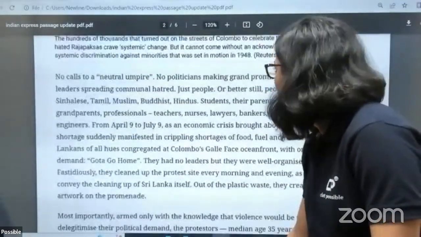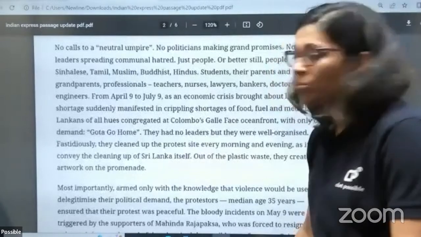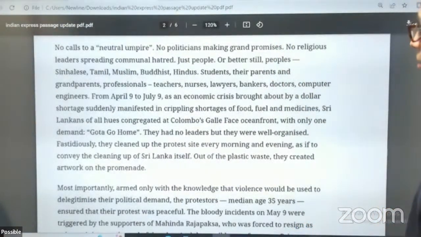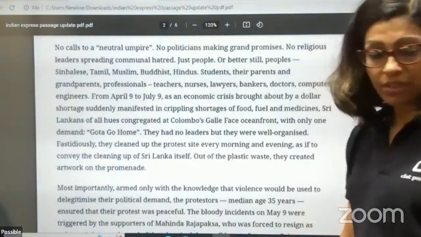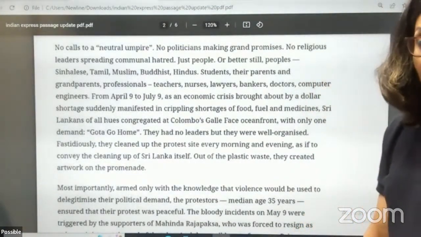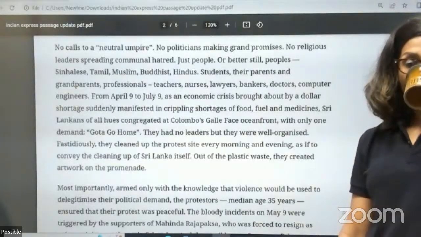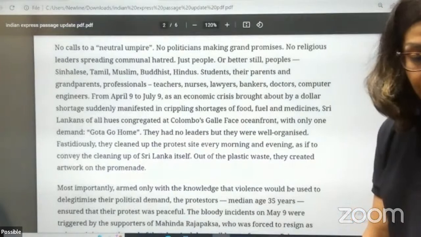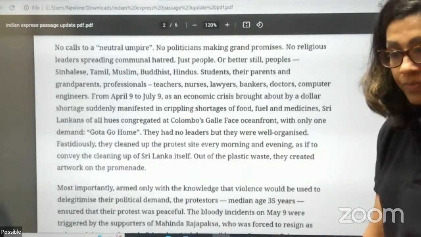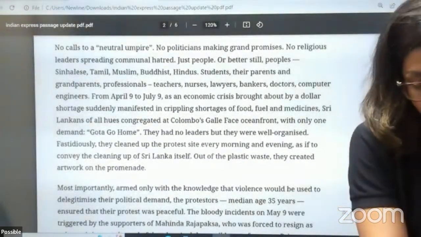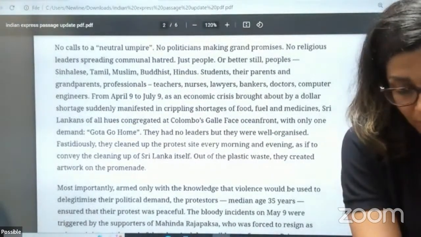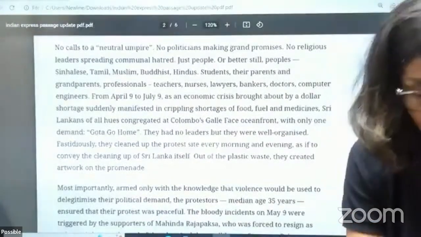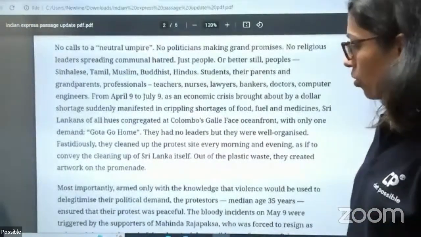So the passage starts from "No calls." Can you see the screen and can you read? Let me know if you can. Give me a thumbs up if you can read. Great.